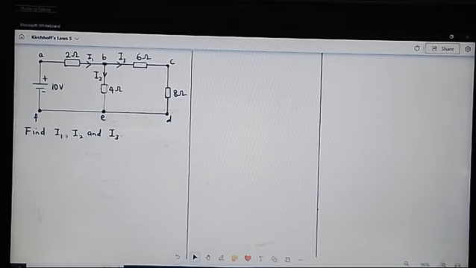We'll call the first one loop A. So let's call this loop A. This is loop A. Let's call this loop B.